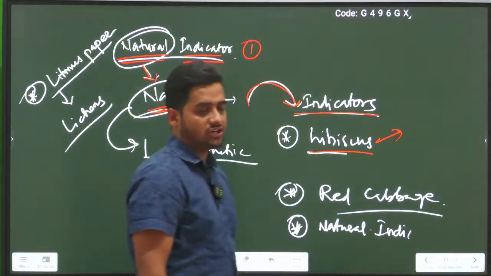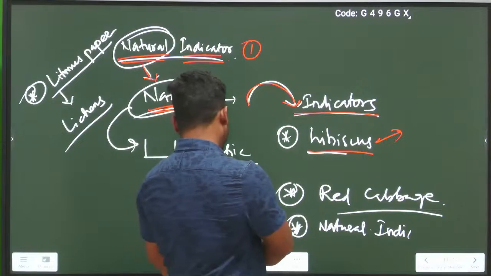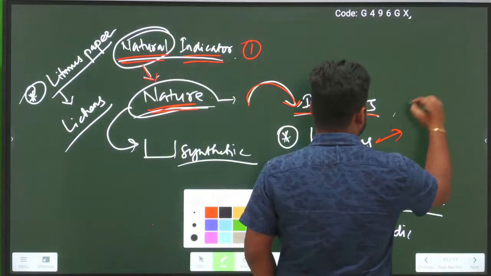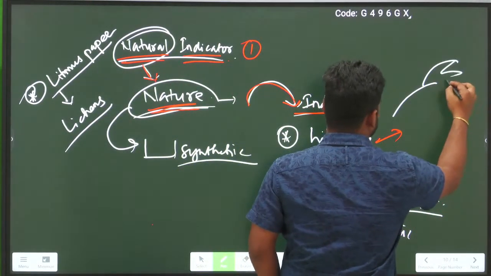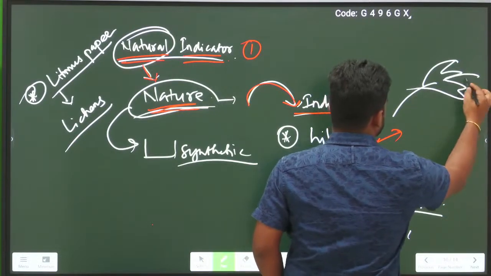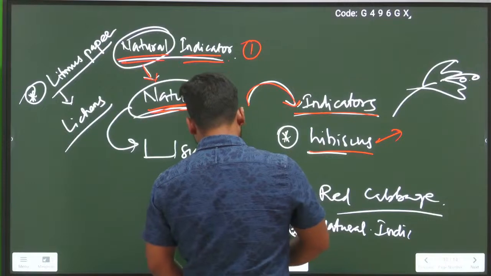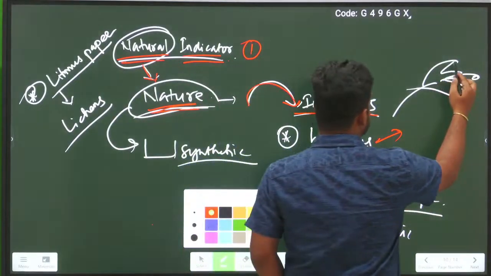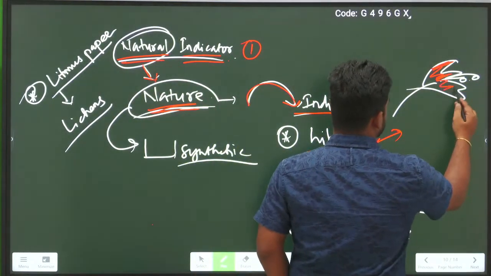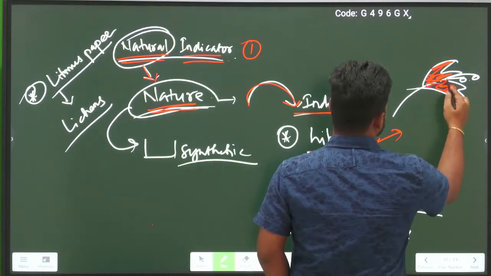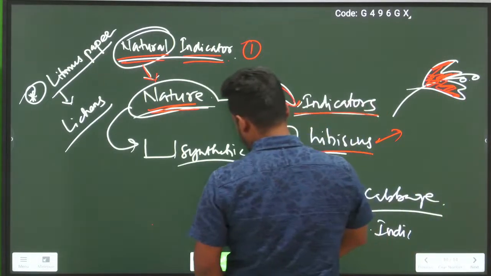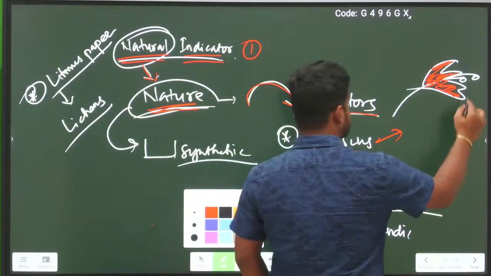Mostly hibiscus will be red, and these are its pollen grains.